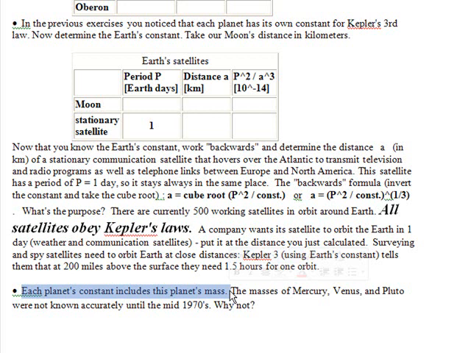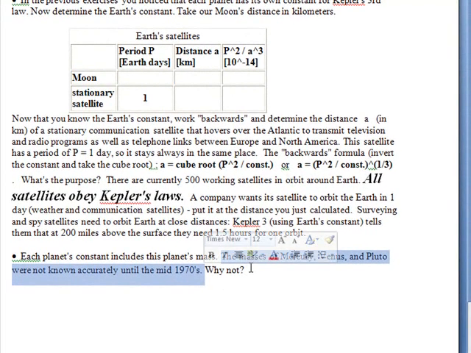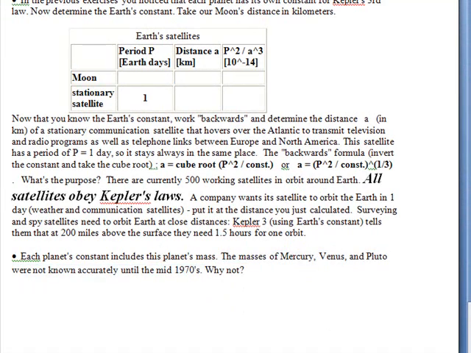It wasn't really important as we went through this exercise here. We didn't come across it, but it's included there. So here's my last question. The masses of Mercury, Venus, and Pluto were not accurately known until the 1970s. Why not? Okay. And that finishes this exercise.